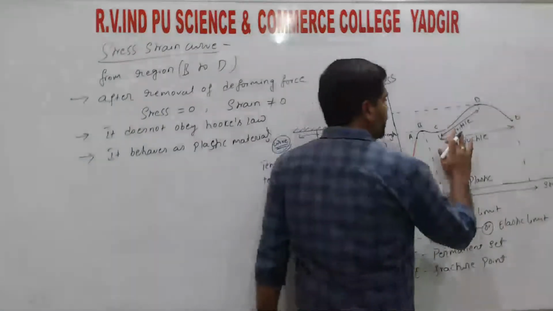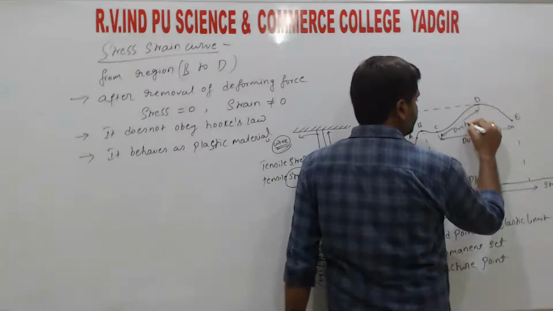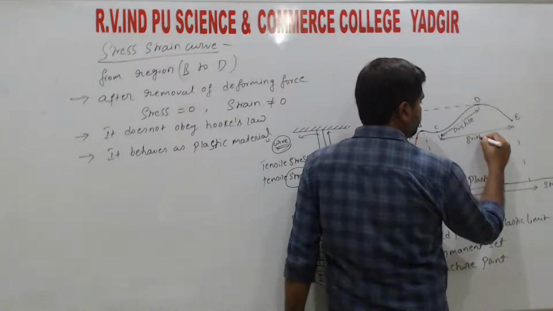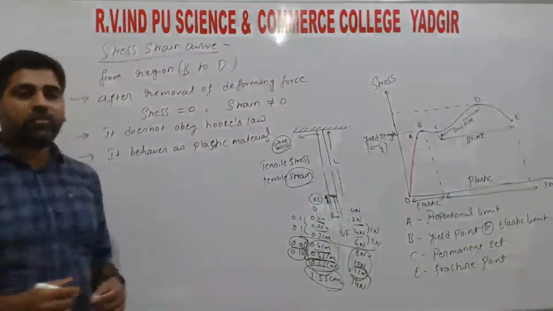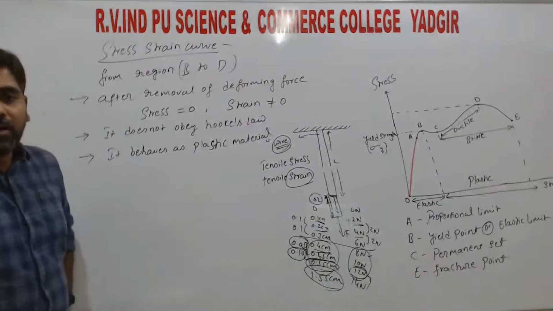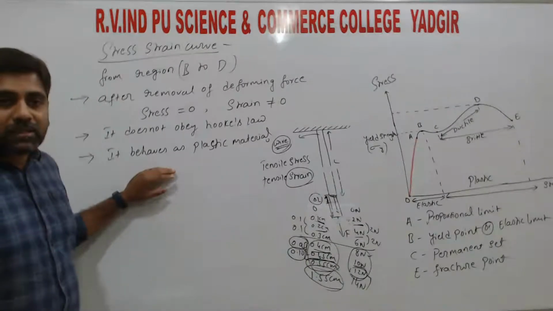This one is the ductile and this is the brittle. So point C to D we call the ductile and C to E is the brittle, right? So this is about the stress strain curve.